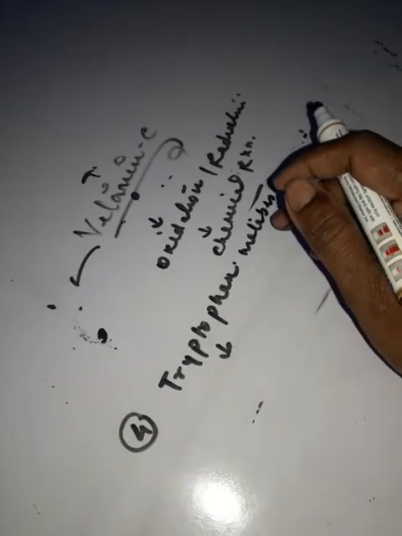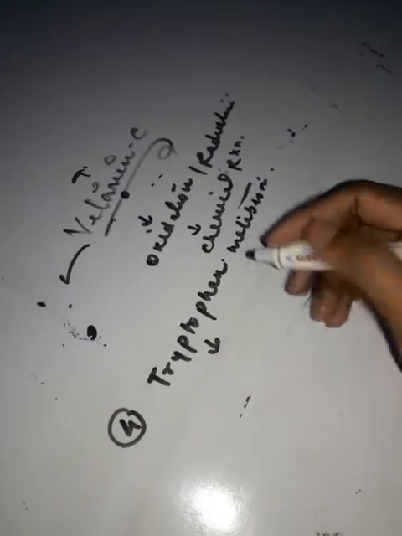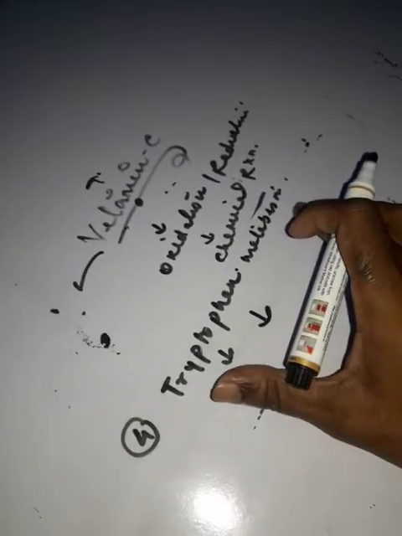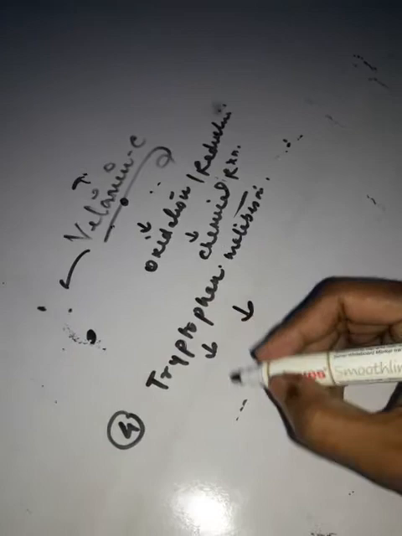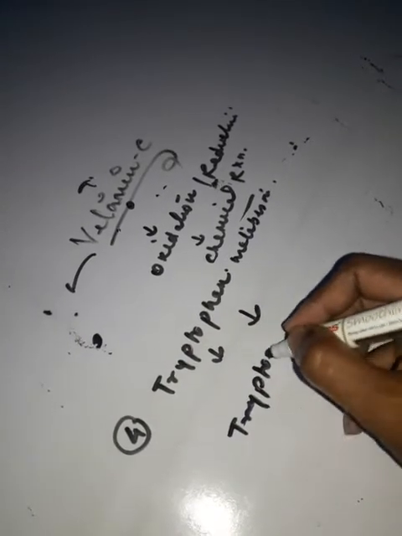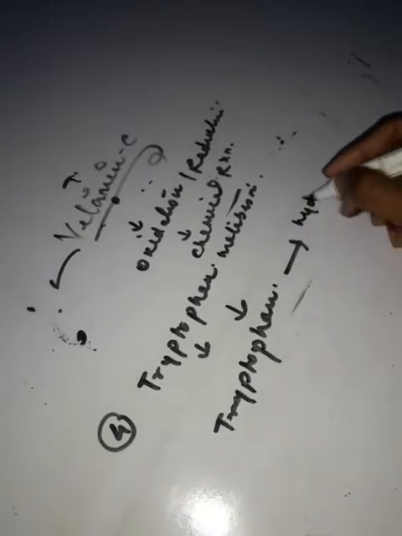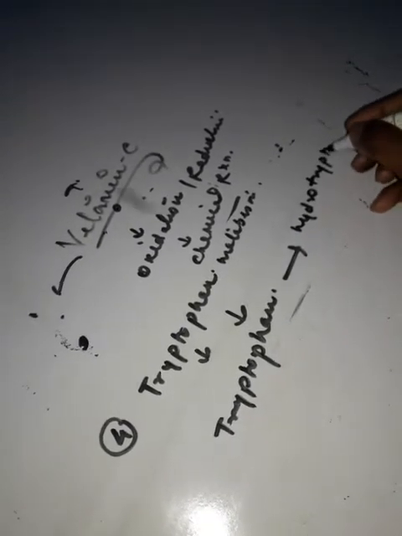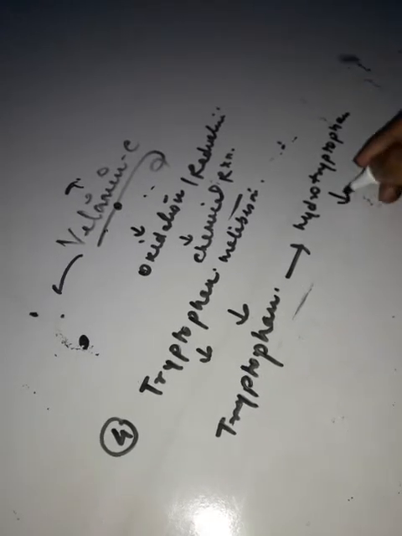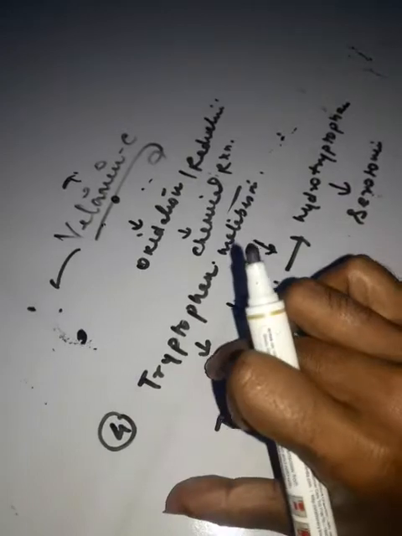Tryptophan metabolism takes place by the conversion of tryptophan to hydroxytryptophan, and hydroxytryptophan is further converted to serotonin. Vitamin C is involved here, in the initiation of this tryptophan metabolism.